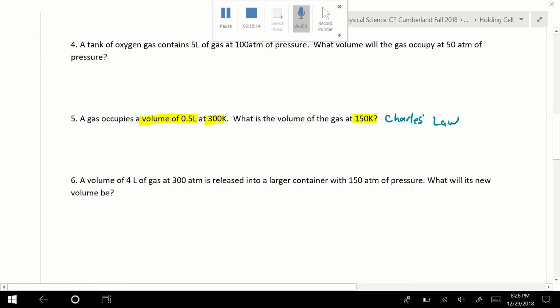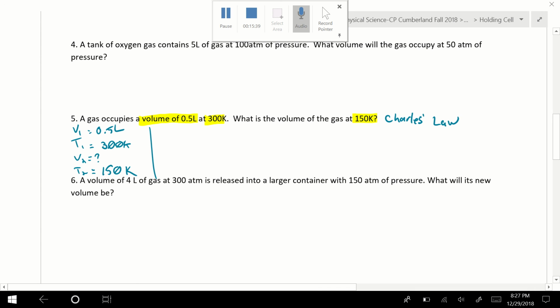The first thing I'm going to do is figure out what all of my variables are. I have volume 1, temperature 1, volume 2, temperature 2. You guys don't have to wait for this. Now you'll notice that I didn't have to convert into Kelvin because they gave us the information in Kelvin.